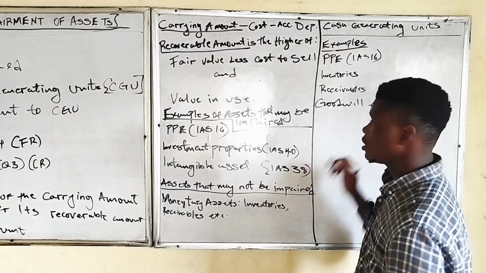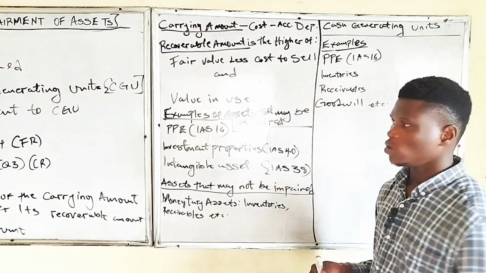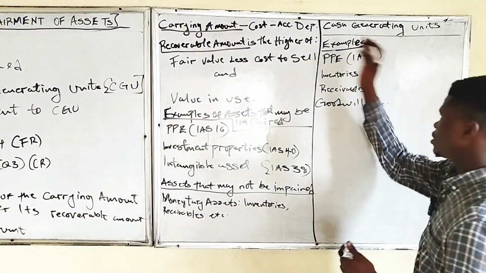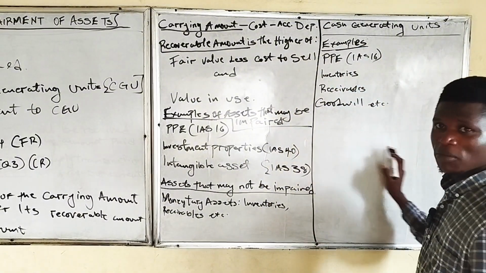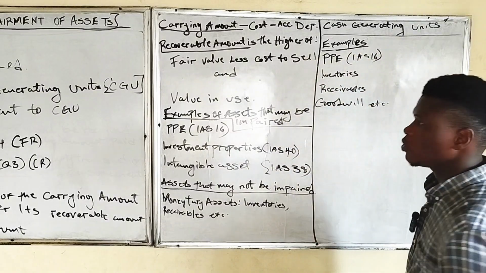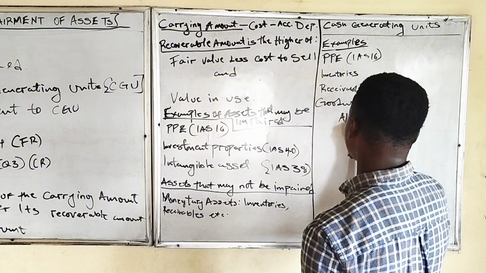So that's for that. The next one is the allocation of impairment to cash generating units. How do we allocate impairment? For example, if we have groups of assets like this, how do we share a total impairment between these assets? So say the allocation of impairment to cash generating units.